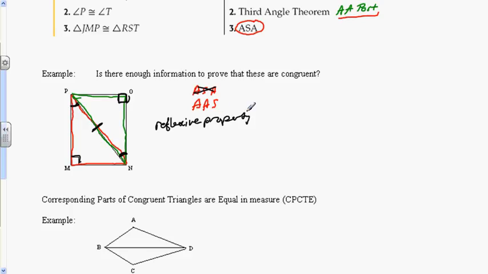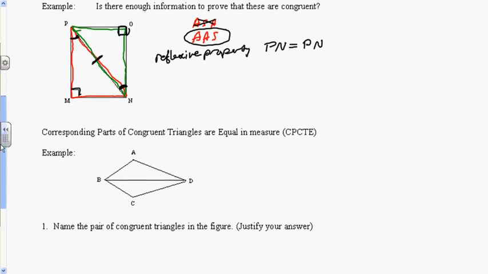The reflexive property just tells us that if one triangle has PN, so does the other, that they are indeed equal. Sounds simple and strange, but it's the truth. They're the same side, so they should be equal. And the reasoning for that is the reflexive property. So yes, there is enough information to show congruency there.